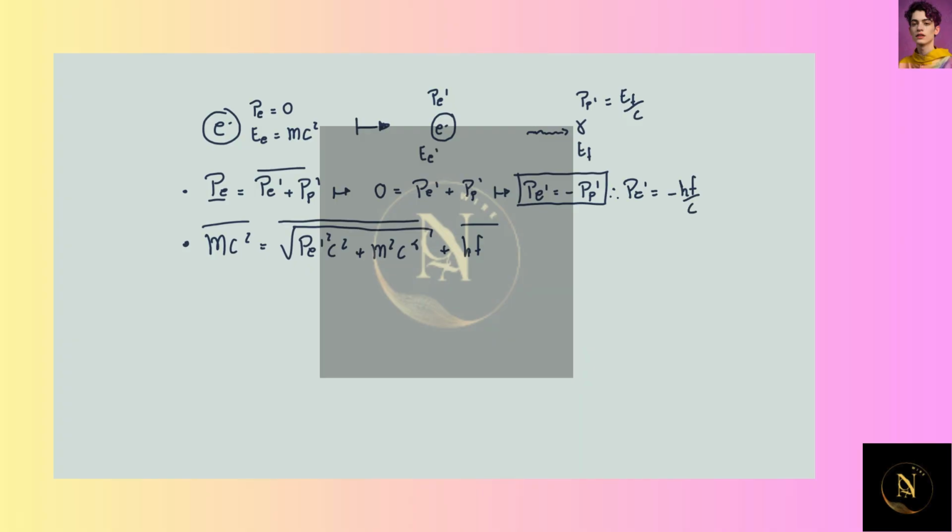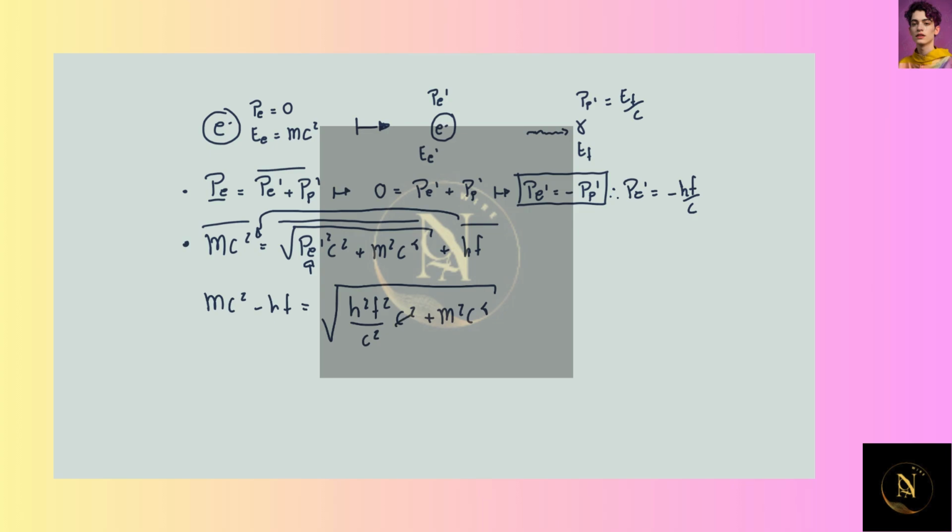And now we use this result here to get mc squared minus hf, sending this term to the other side, is equal to the square root of h squared f squared divided by c squared times c squared plus m squared c to the fourth.